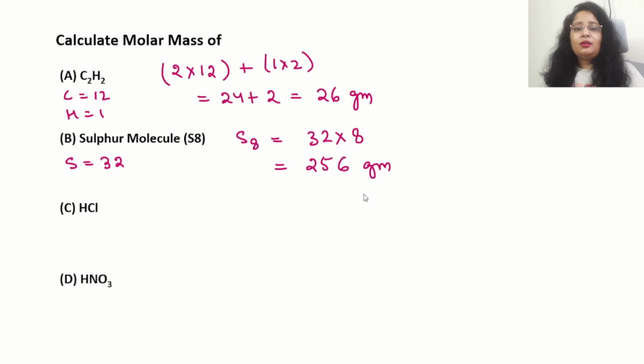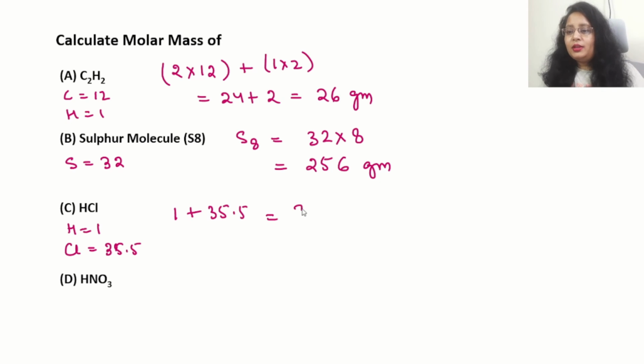This will be the gram atomic mass or molar mass of the sulfur molecule. For HCl, hydrogen atomic mass is 1, chlorine atomic mass is 35.5. So simply 1 plus 35.5, it will be 36.5 gram.